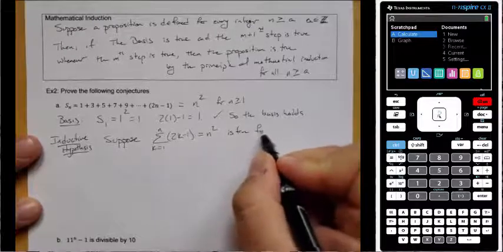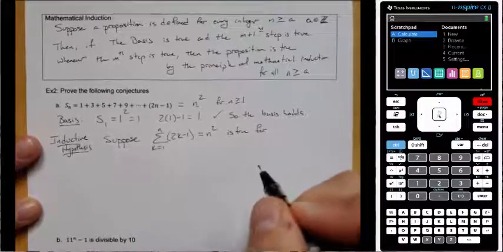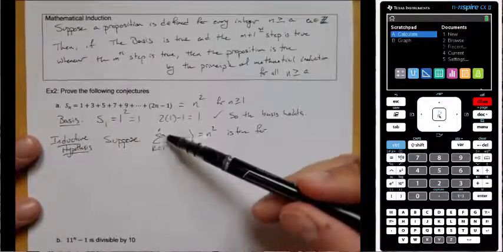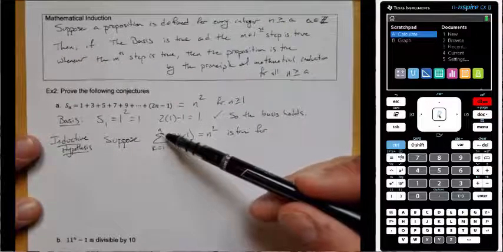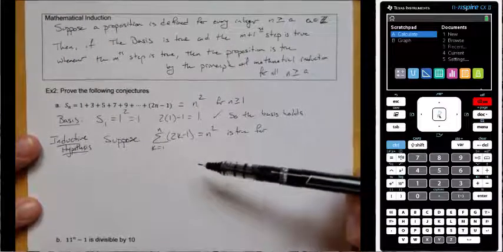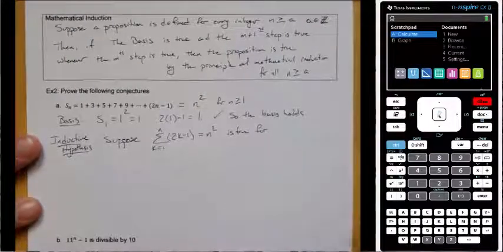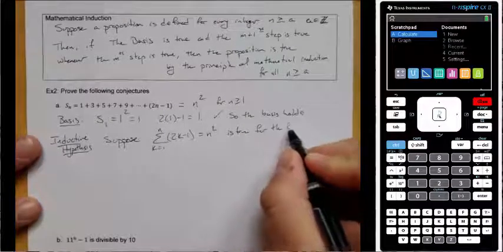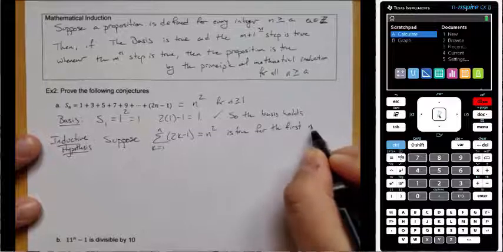Suppose this statement is true for the first certain number of cases, and this is where I like to use a letter that's not the index and not the original ending term. Often n is in the formula, so I'm going to use a letter close to that, like m, but it doesn't really matter. But I'm going to use m. It's true for the first m cases.